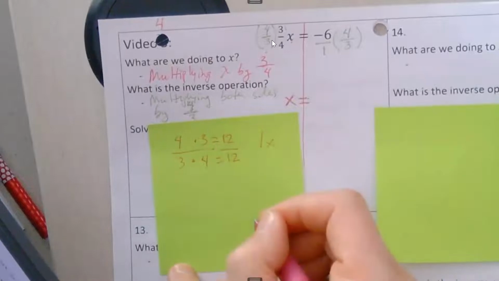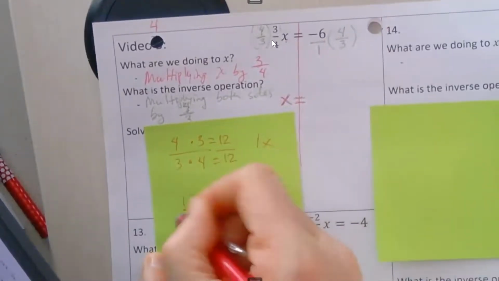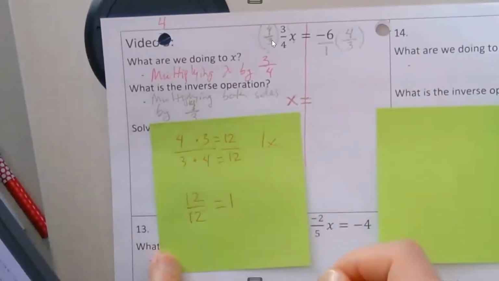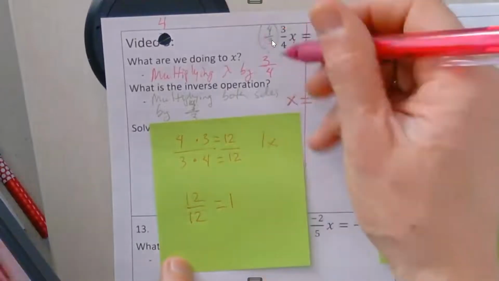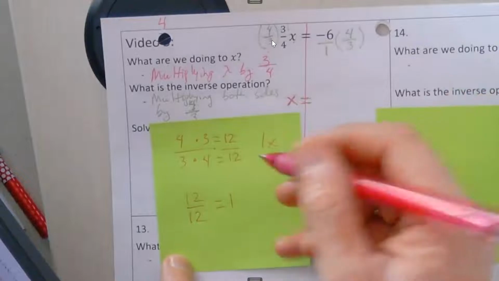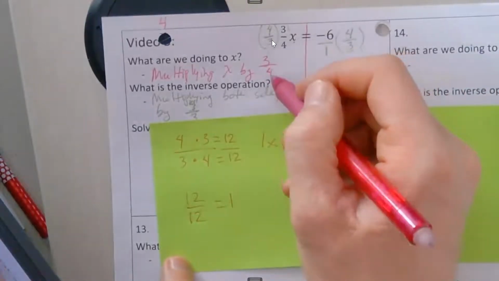12 divided by 12 equals 1. So when we get this number to be 12 over 12, that's 1. That's what we want. So that's the reason we multiply by the reciprocal of 3 over 4.